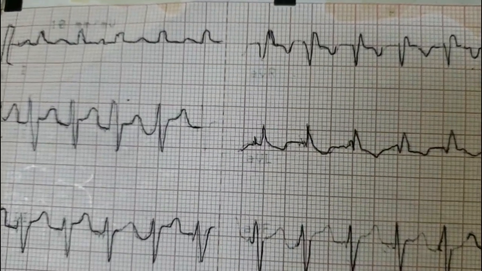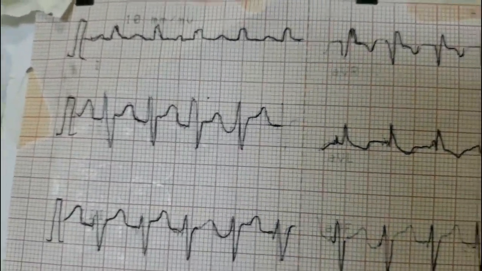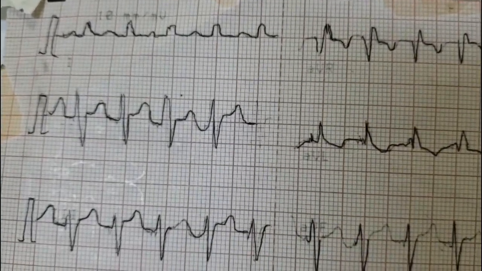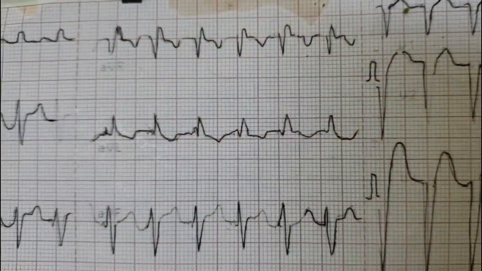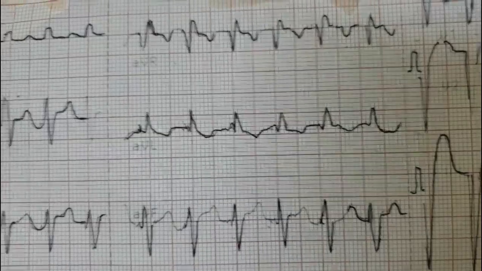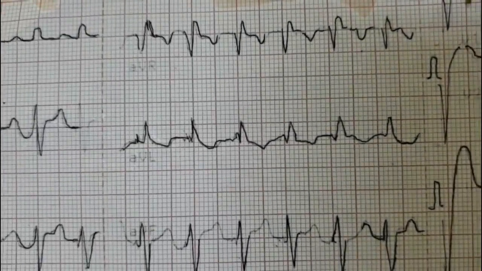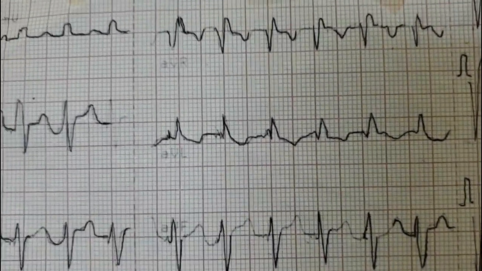And the effective treatment for the bundle branch reentrant VTAC is radiofrequency ablation.